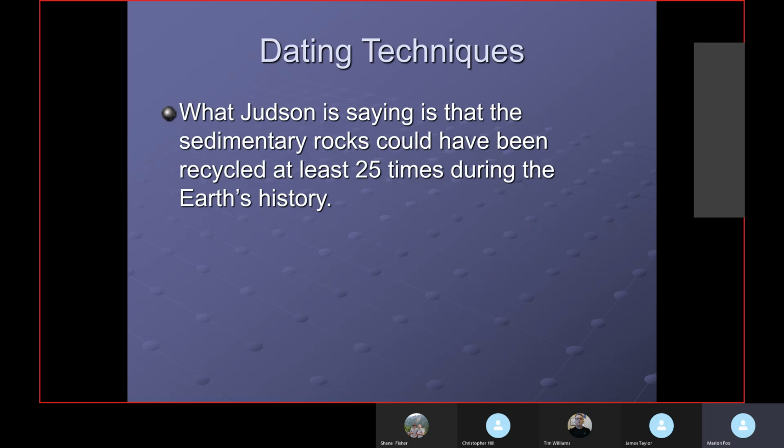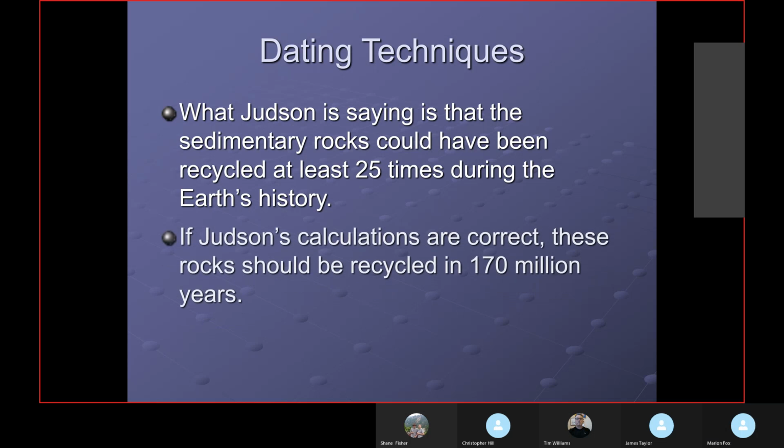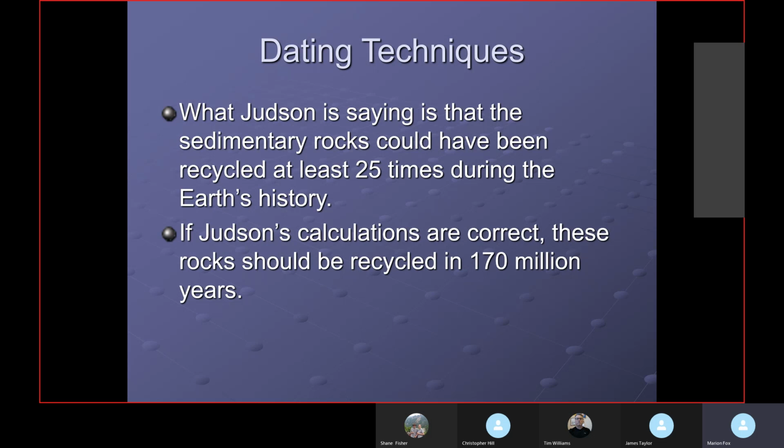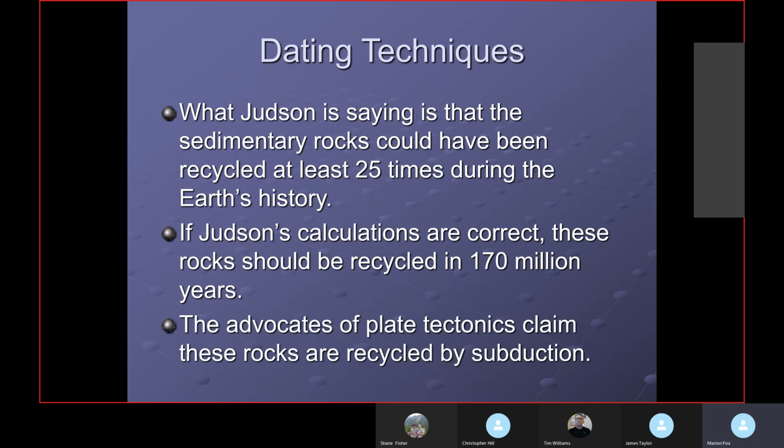What Judson is saying is that sedimentary rocks could have been recycled at least 25 times during Earth's history. If Judson's calculations are correct, these rocks should be recycled in 170 million years. Now, advocates of plate tectonics claim these rocks are recycled by subduction.